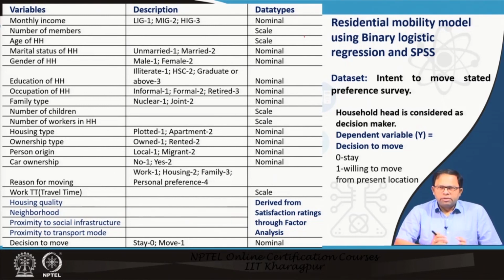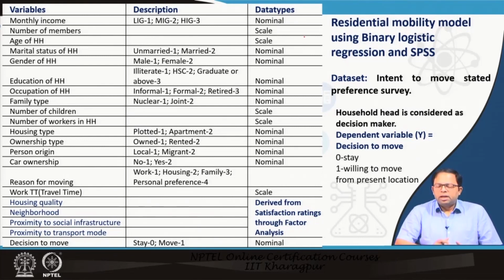We talked with him and got his feedback, but we assume that the feedback he is giving is the feedback of the entire family, and that's why we say the household head is considered the decision maker. Many people may have contributed to the decision, but we are asking him whether he is willing to move or not.